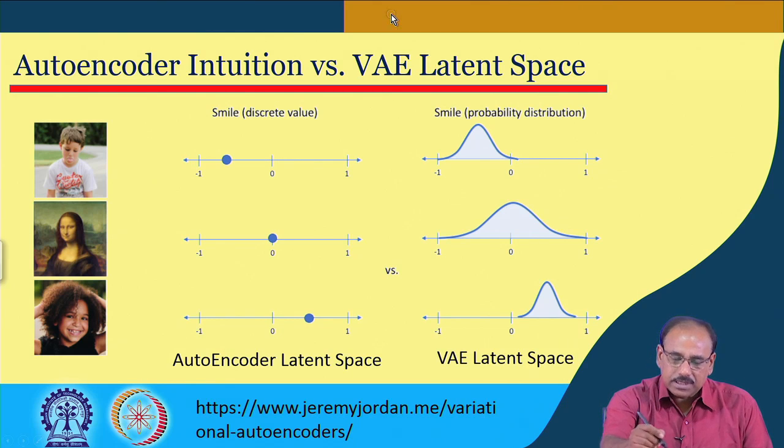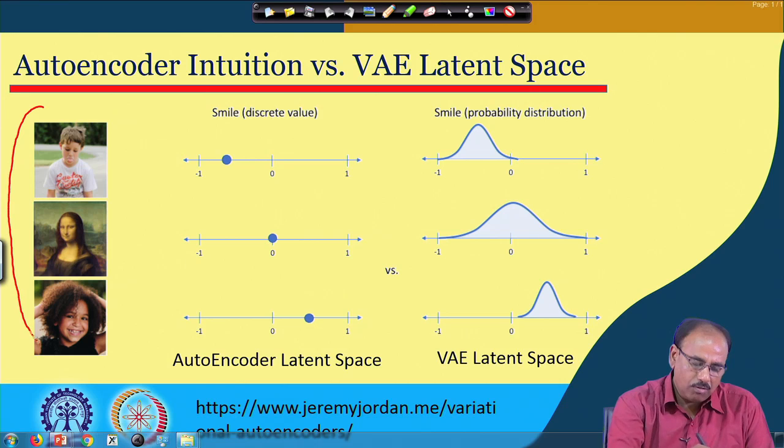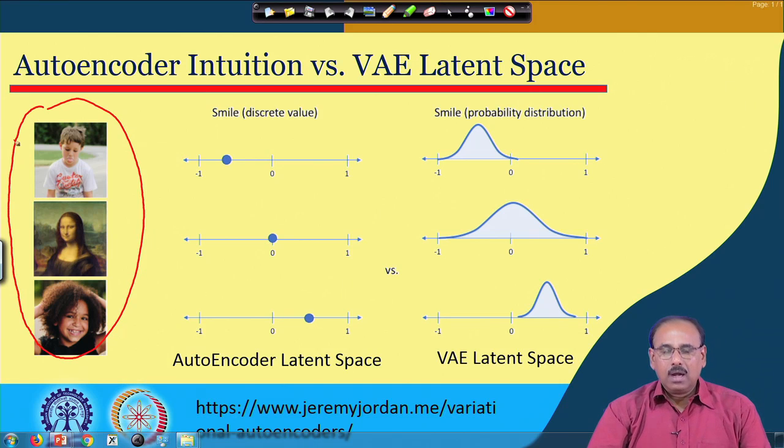Given these images, for each attribute learned during training, the variational autoencoder tries to find the position of the attribute in the latent space, as well as the range or variance of that attribute in the latent space, as shown here. Whereas, a traditional autoencoder assigns a fixed value to different attributes.